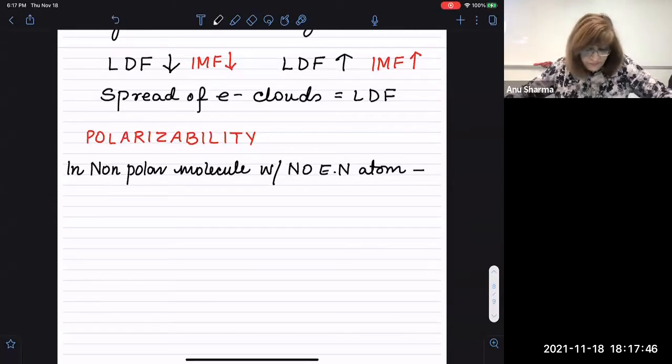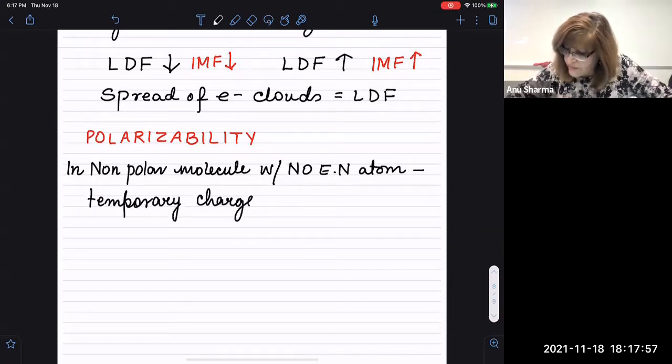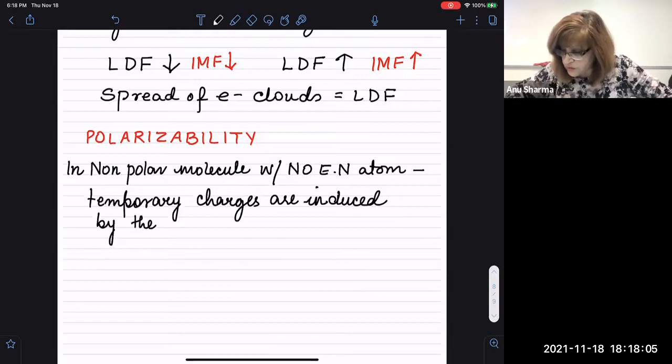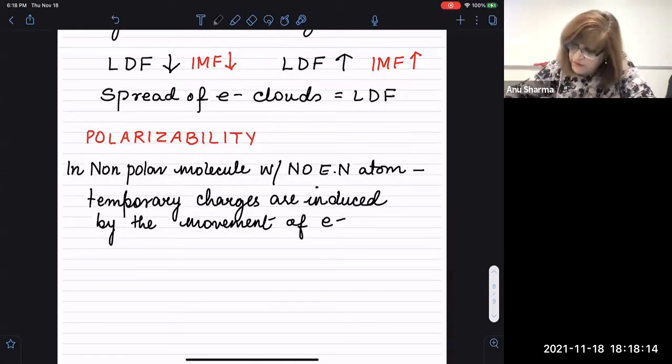In these, temporary charges are induced. How? By the movement of electrons.